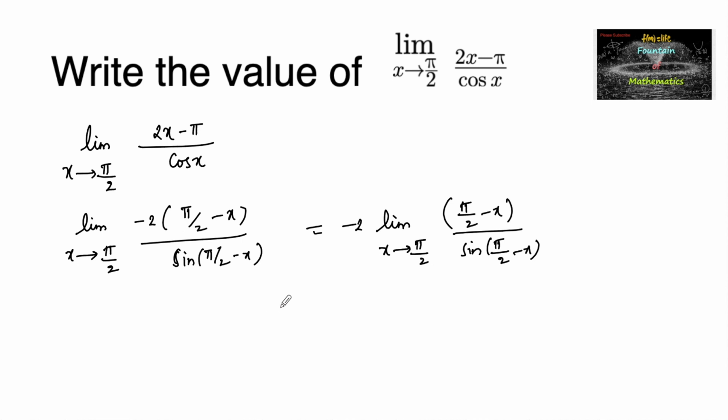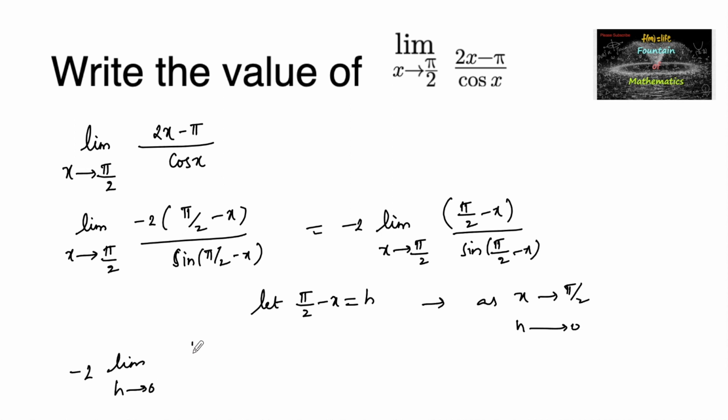So for our convenience, let us consider pi by 2 minus x is equal to h. So as x tends to pi by 2, h tends to 0. So we can change the limit: minus 2 times limit h tends to 0, h upon sin h, or we can also write minus 2 times limit h tends to 0, 1 upon (sin h upon h).